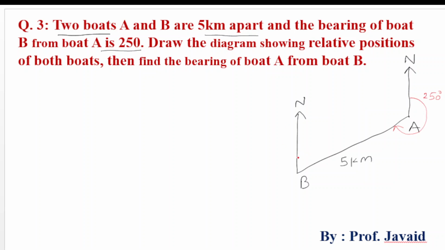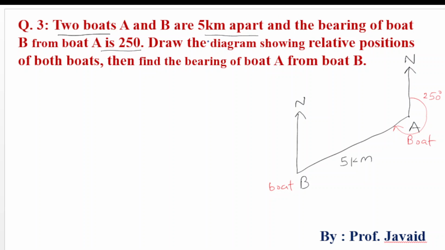So this question is very interesting. This is a simple diagram that I'm making in front of you. You can also write boat A, or you can also write boat B. Now let me change the color, then it's easier for you to understand. Now look. The bearing of B from A is 250.